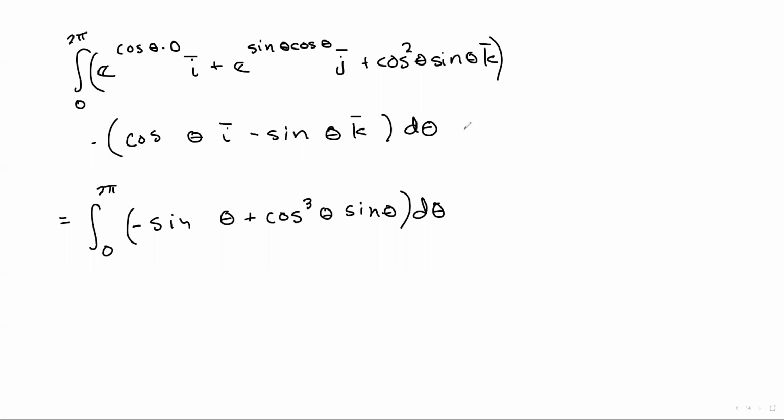Yep, and then if you multiply those, here you're going to get cos theta. And then here you're going to get minus. Actually, we need to change these two. Sorry, these are no longer correct.